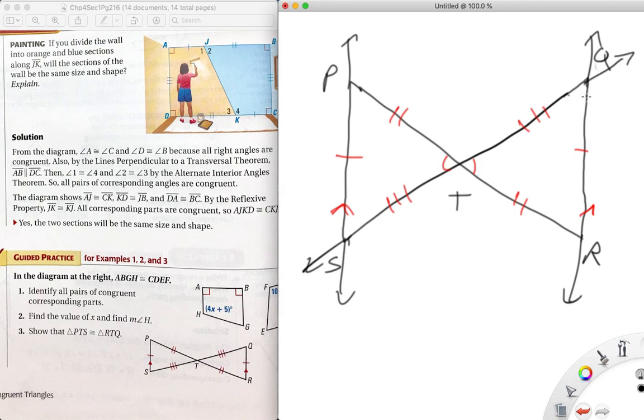So we have alternate interior angles. I can say that this angle here and this angle here are congruent because they're alternate interior angles. And I can say the same thing for these angles here as well.